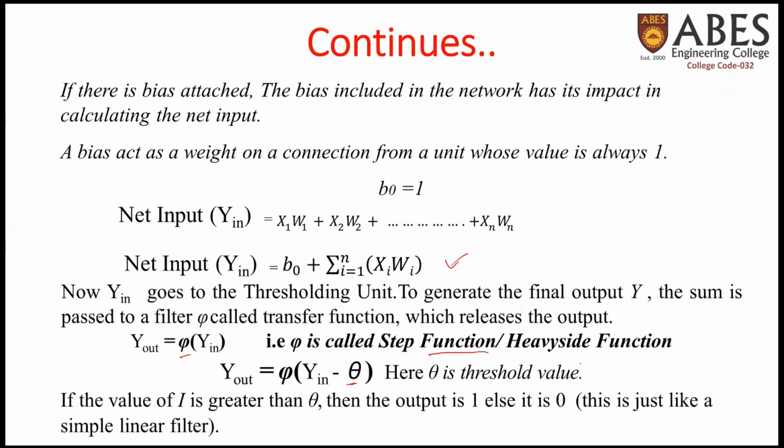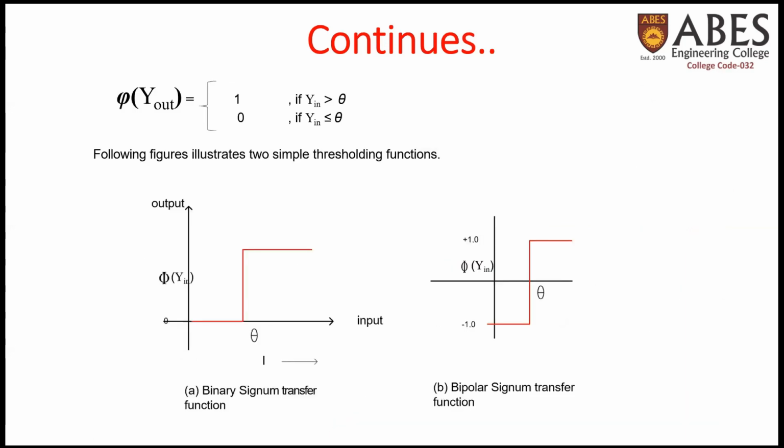In case of binary activation function, the value is 0 or 1. If the value of yn is less than or equal to theta, then the final output value is equal to 0. If yn is greater than theta, then y out is always 1, in case of a simple linear filter or binary function. Here is this final y output. In case of the binary signum function, the value of theta is some threshold value.